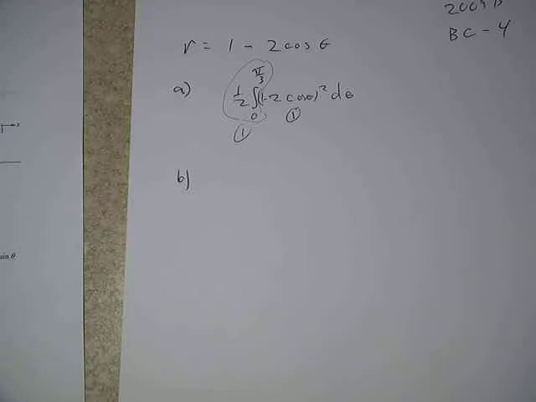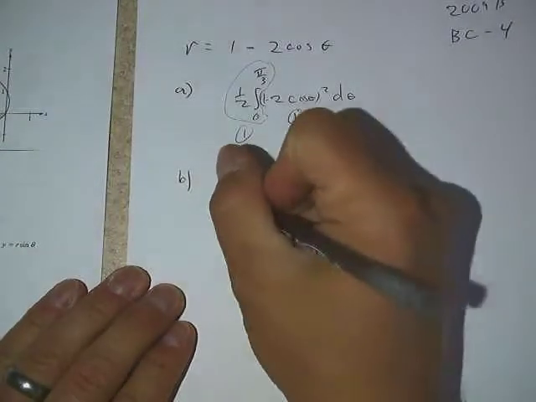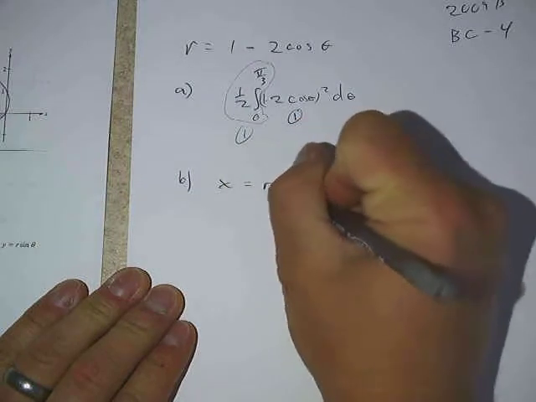All right. Next question, part B, says write expressions for dx d theta and dy d theta in terms of theta. If we're going to write dx d theta, the derivative of x with theta as the independent variable, we need to have an equation like that first.